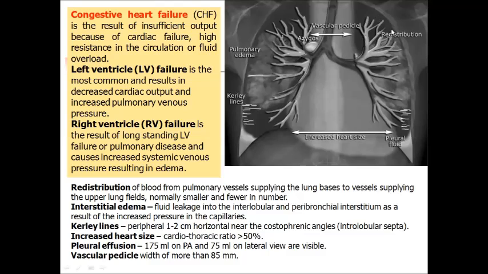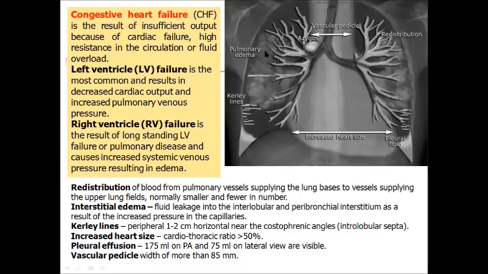Normally, blood vessels in upper regions are smaller and fewer in number than vessels in the lower part of the lung. And in heart failure, blood from the lower parts of the lung redistributes into the upper lobes.